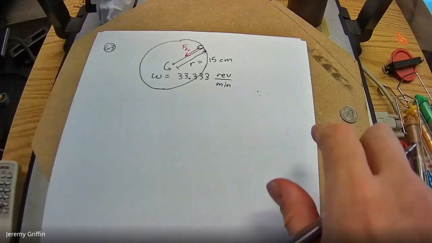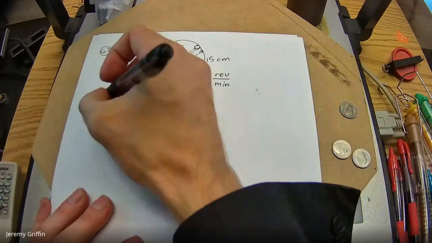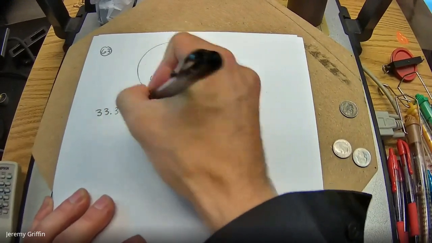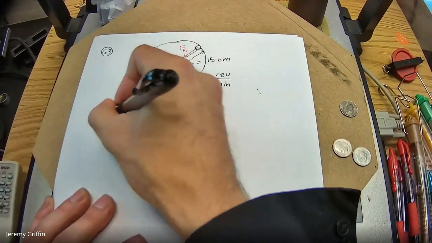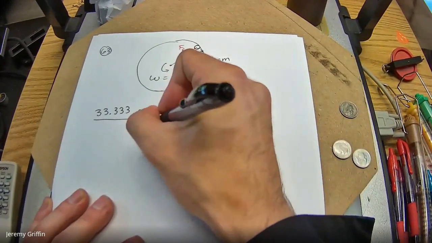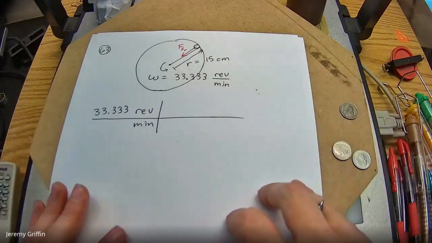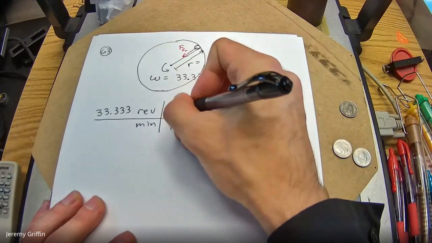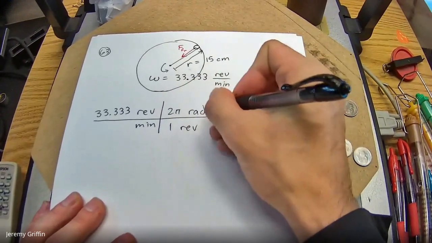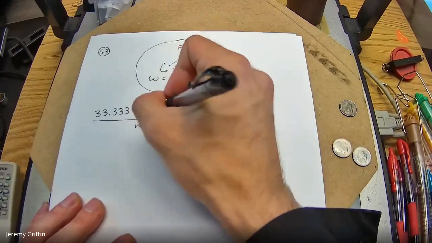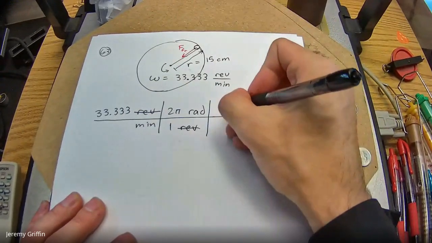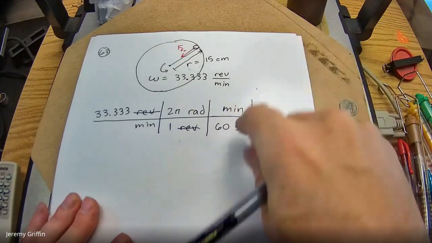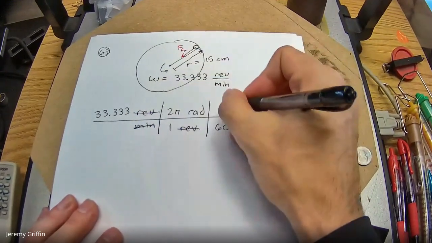Okay, so we need this in radians per second. So let's start with some dimensional analysis. I got 33 1/3 RPM, that's revolutions per minute. Open up our railroad tracks for dimensional analysis. I know that 1 revolution is equivalent to 2 pi radians, because I want radians per second. Revolution, goodbye. In minutes, every minute is 60 seconds. Thank you, ancient Babylonia. And now, hey, look at that.